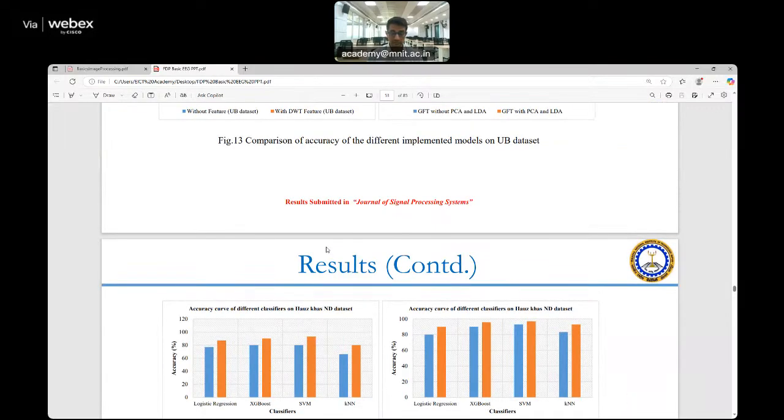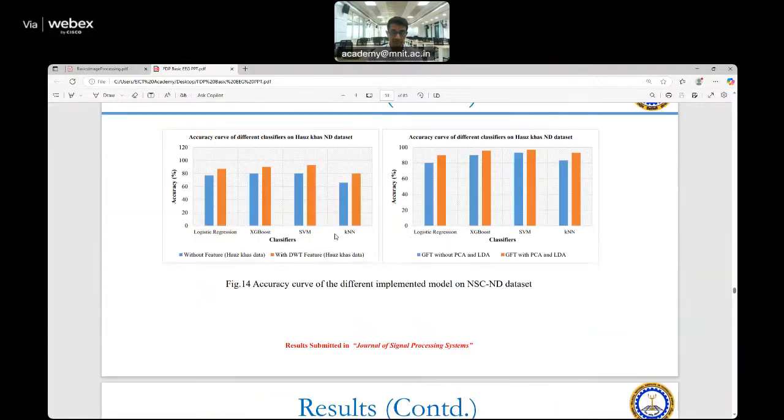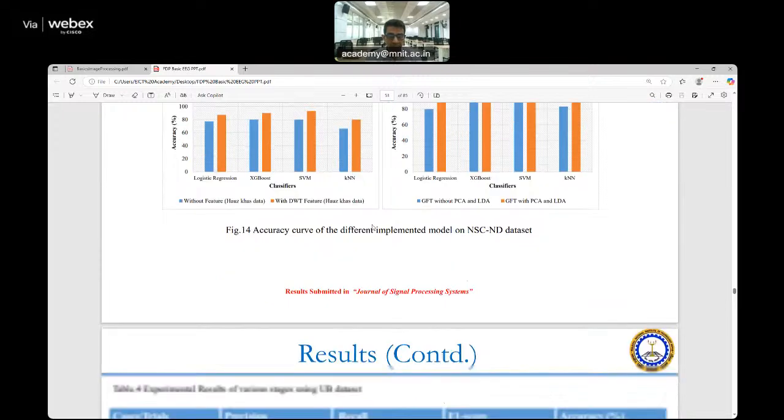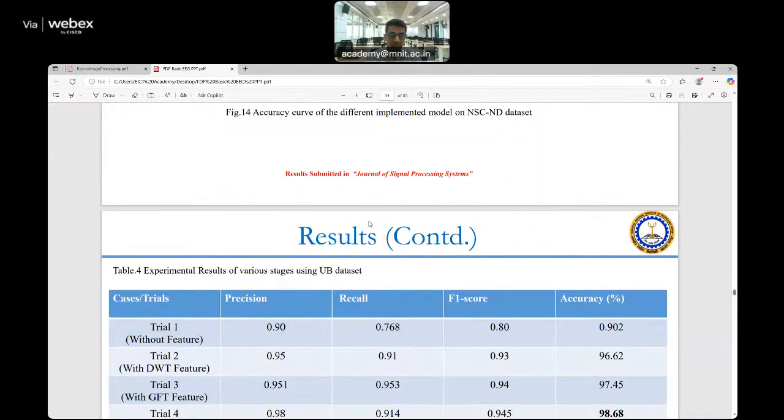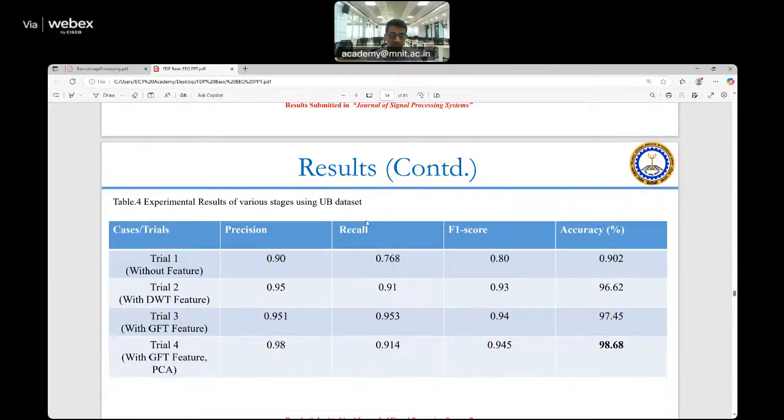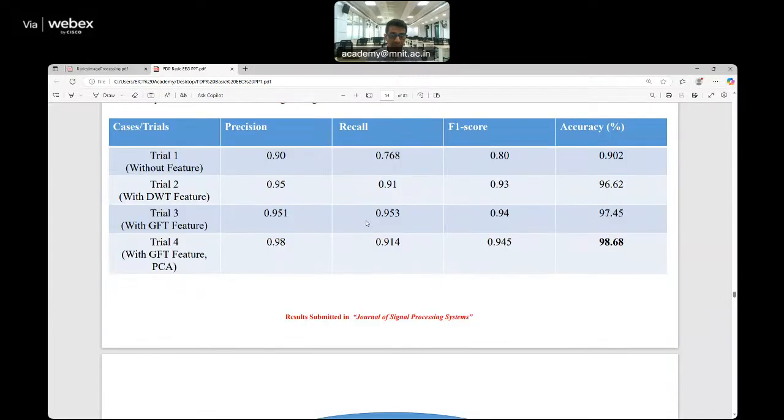In the same way we are continuing the result, we have also represented it in the form of a normal graph as well as DWT. So this is a result here. This is the case trial precision recall.